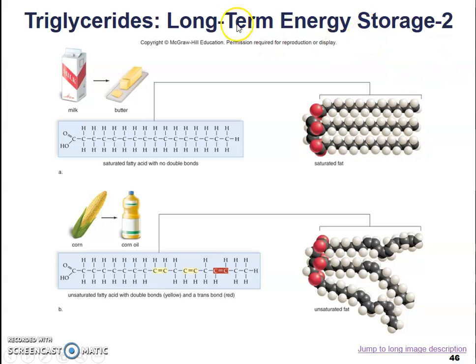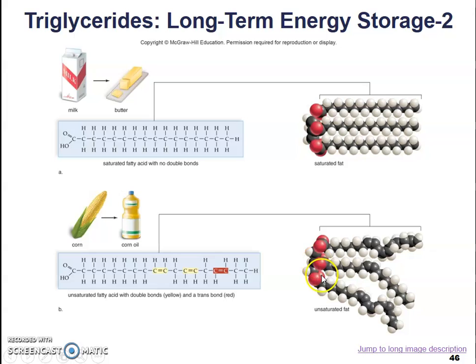So here is an example of a saturated fat. We have the glycerol right here, bonded to 3 fatty acid tails or chains, and you'll notice that they are very straight and they are all holding on to as many hydrogens, which are the white dots, as possible.